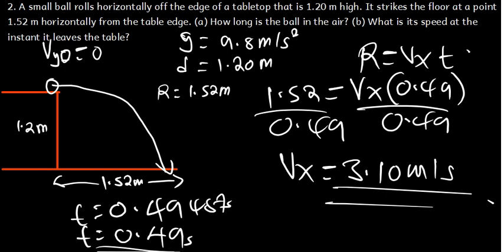So in this case, the speed just at the instant when it leaves the table was 3.10 meters per second. So that is it for question 2.